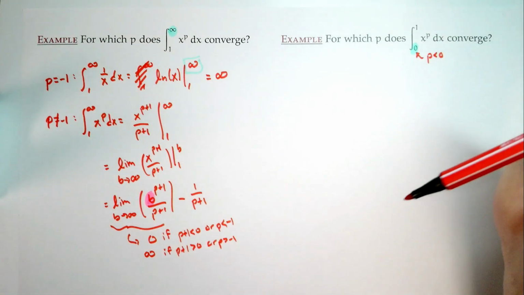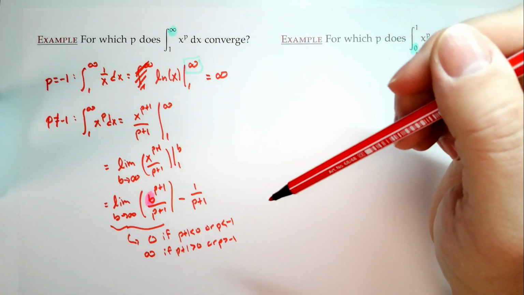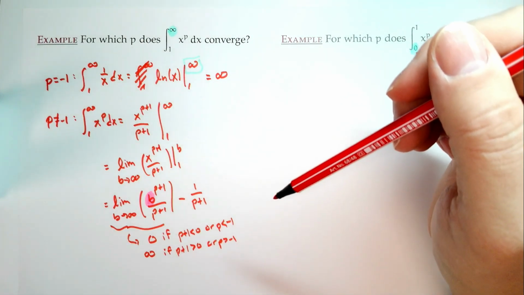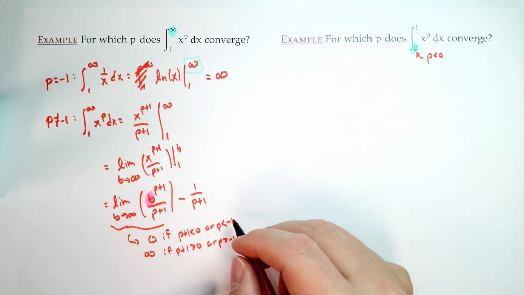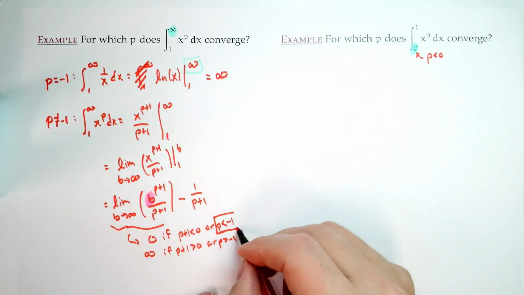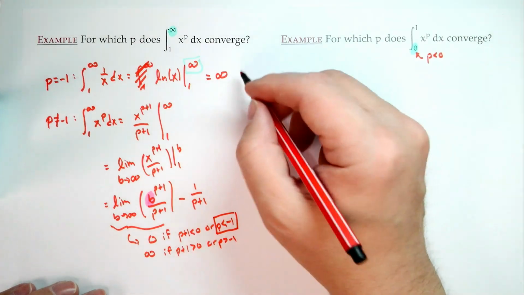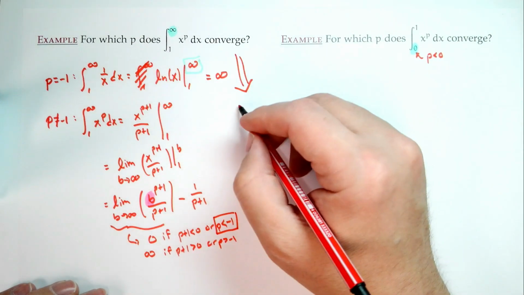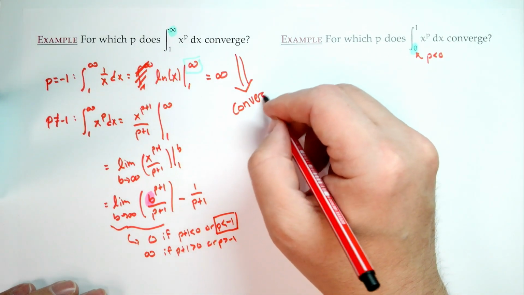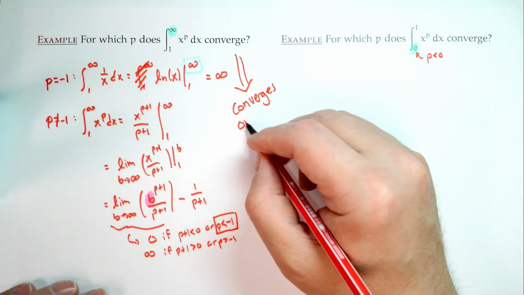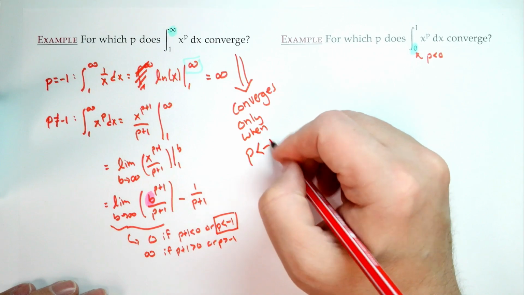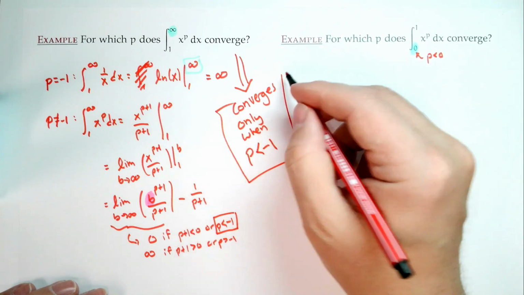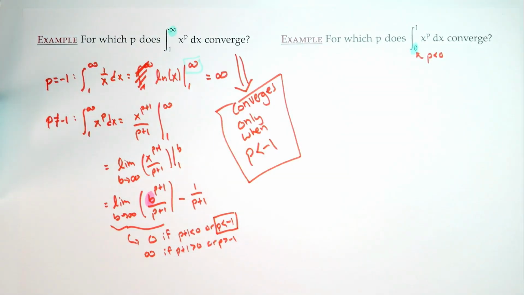And so what's our conclusion? Well, our conclusion is we want this power, p, to be less than -1. So the answer is this converges only when p is below -1. All right, so that's that answer.